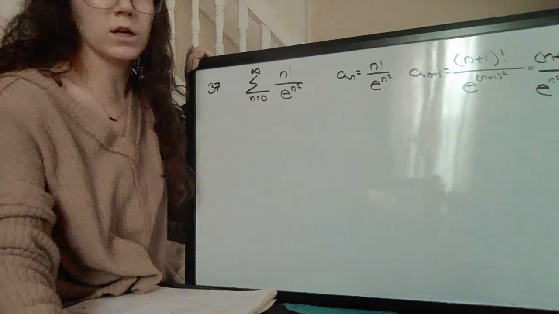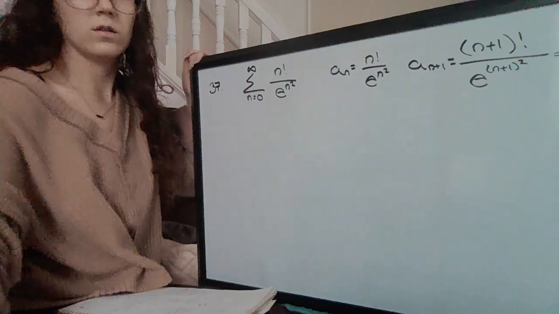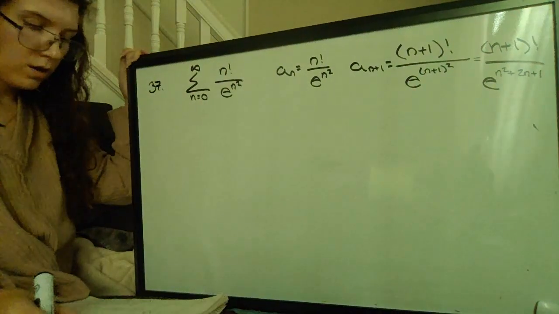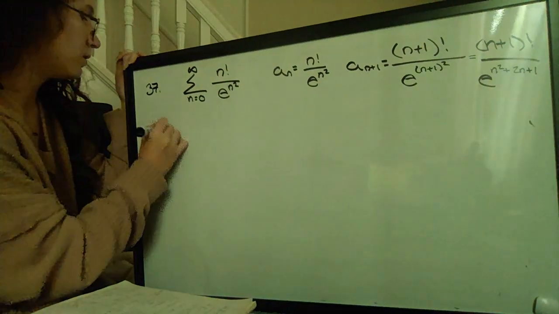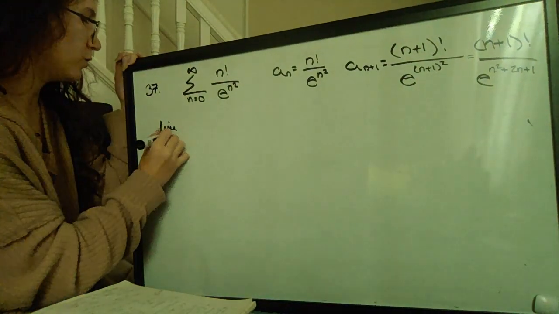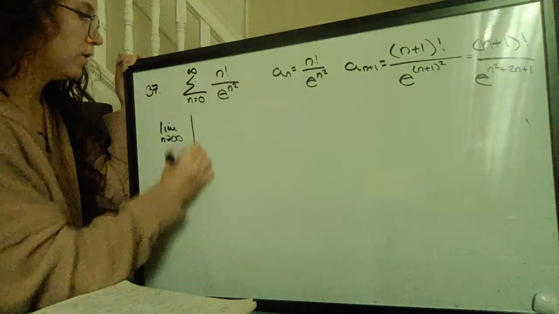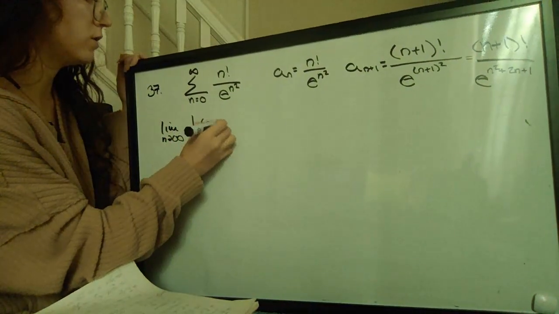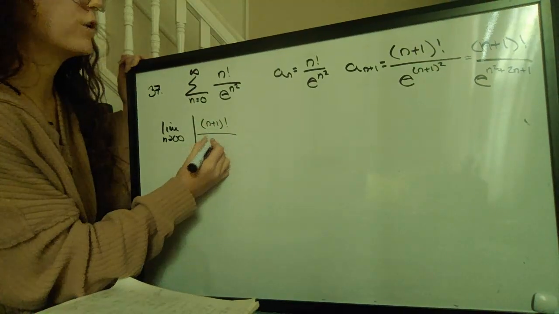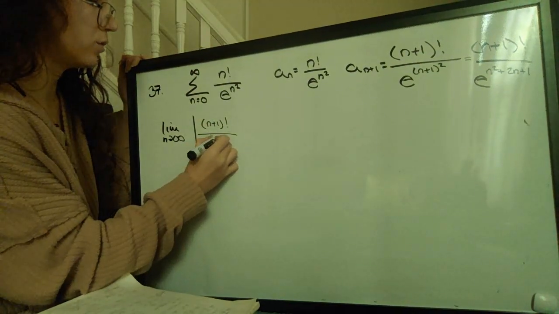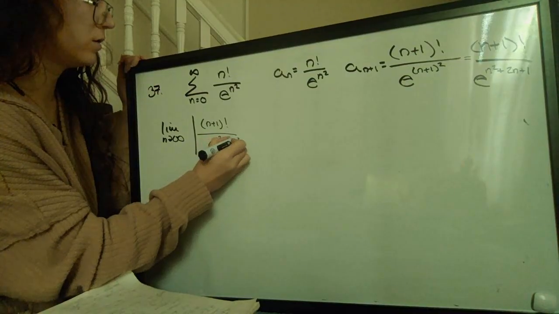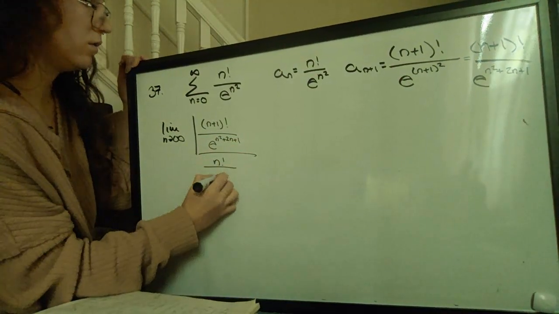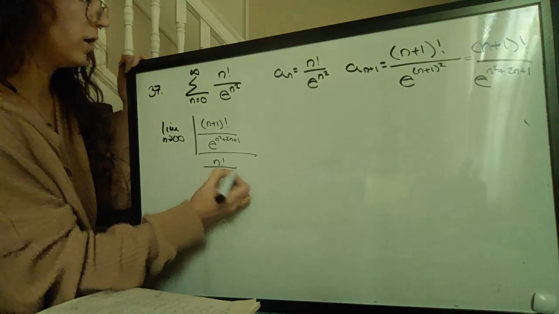So if I plug this in, if I take my limit as n approaches infinity of the ratio of these two guys, so I will say n+1 factorial over e to the n squared plus 2n plus 1 over n factorial over e to the n squared.